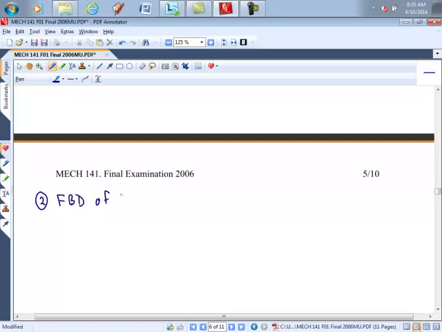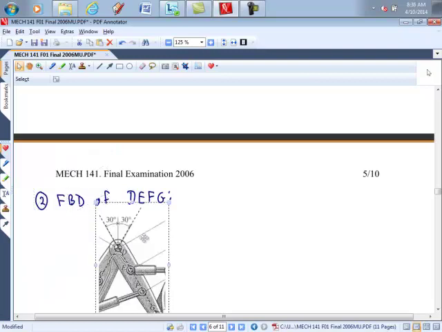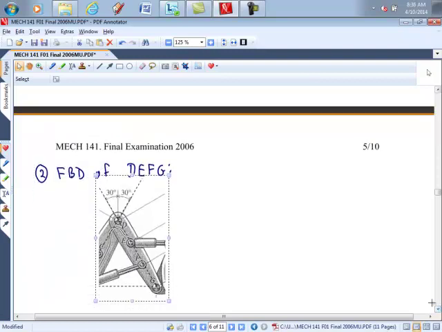So that's DEFG. So we've got a little bit of extraneous material on here, but what forces do we have acting on DEFG? What forces do we have on D?